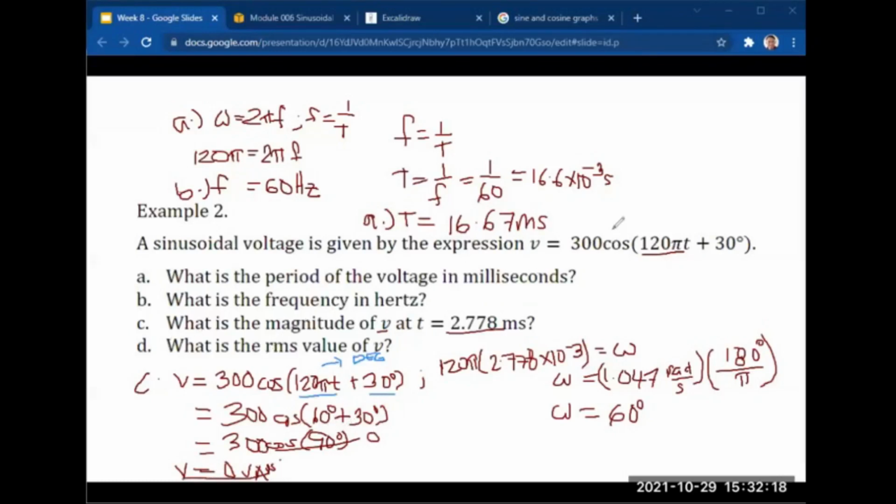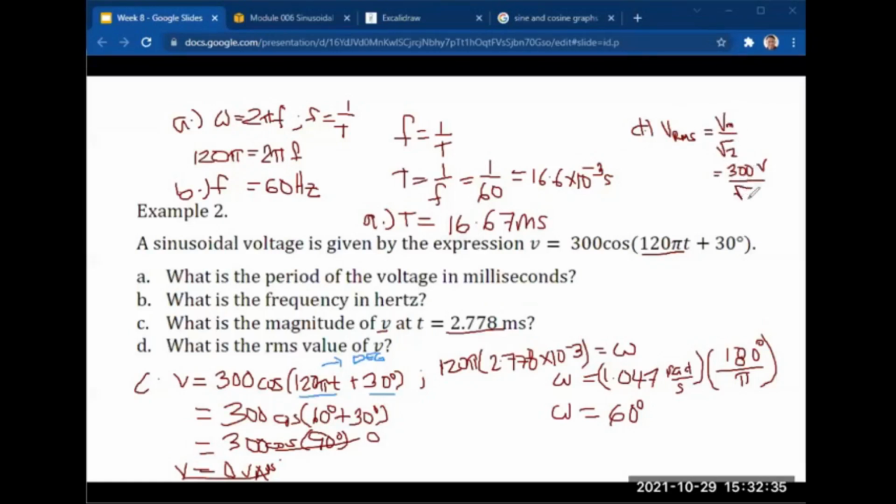And then lastly, letter D, what is the RMS value? So Vrms is equal to Vmax over square root of 2. Vmax again is 300 volts.